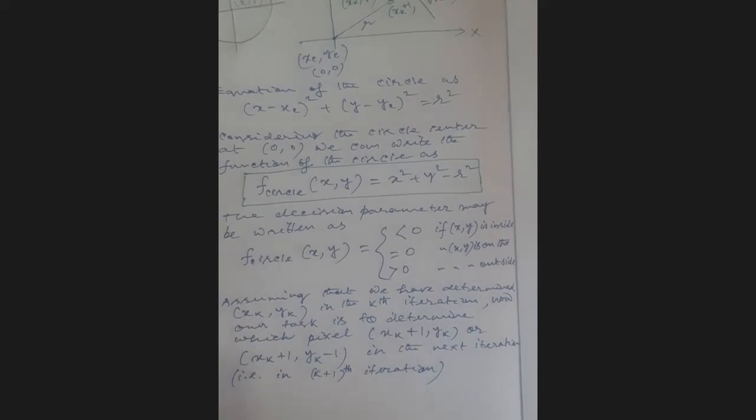Okay, so this we need to determine now. For that, what we will be doing is that we will define a decision parameter, pk, in the circle equation 1.